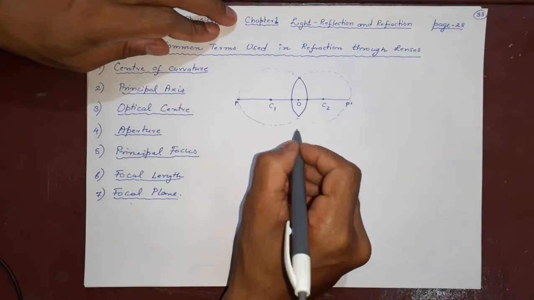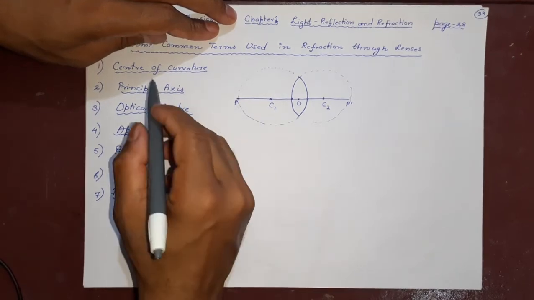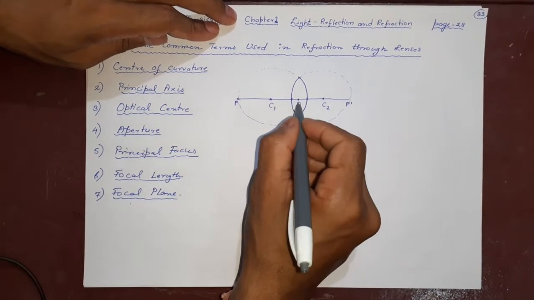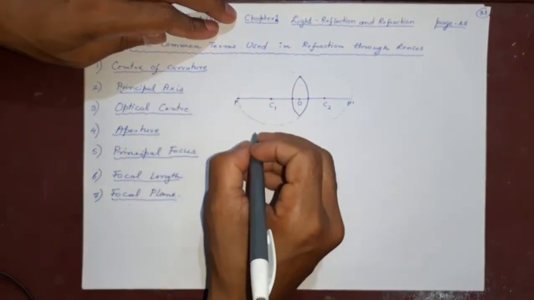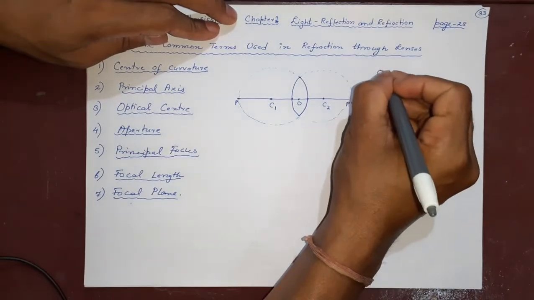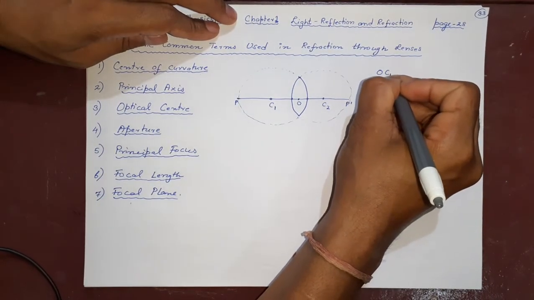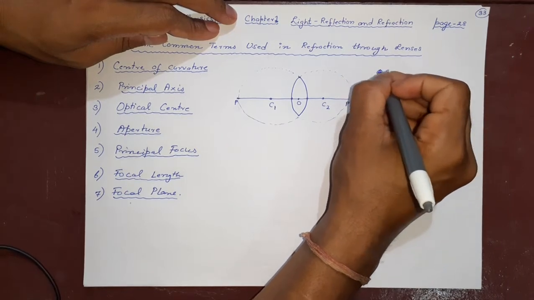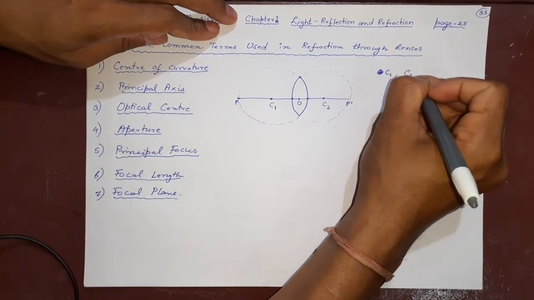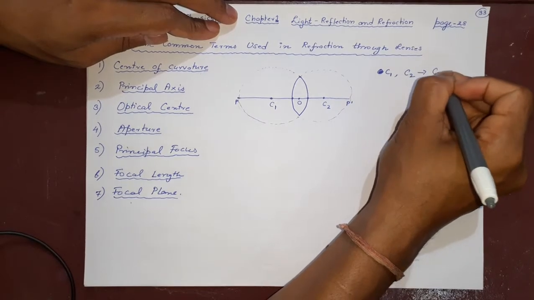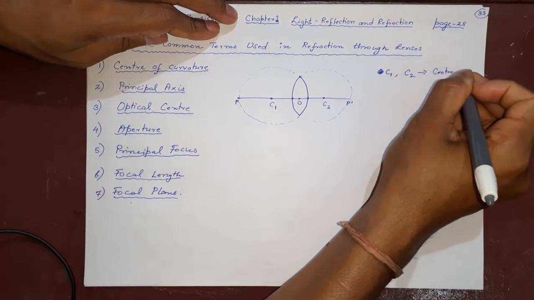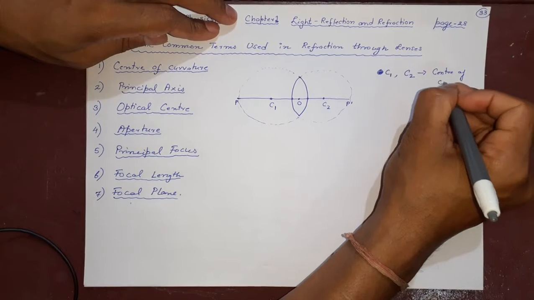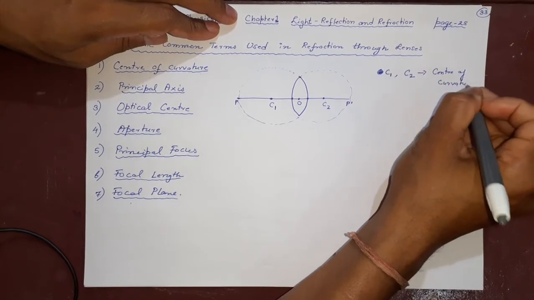Now, not OC1 actually, C1 and C2 are just the centers, center of curvature. Fine.